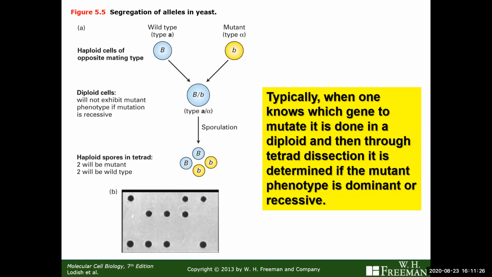If you challenge yeast cells with a nutrient limiting condition, particularly nitrogen limiting condition or starvation, they will undergo a process called sporulation, where a diploid yeast cell will undergo meiotic divisions and form 4 spores.